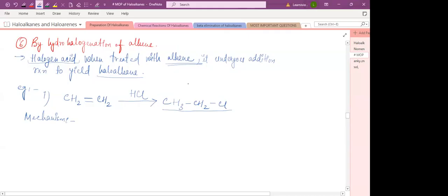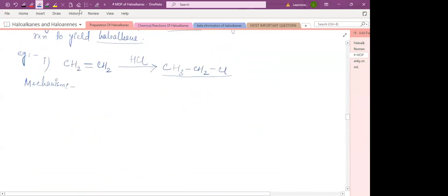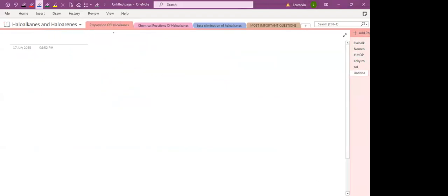So basically this is halogenation of alkene. So this method is from alkenes, using halogen acid.